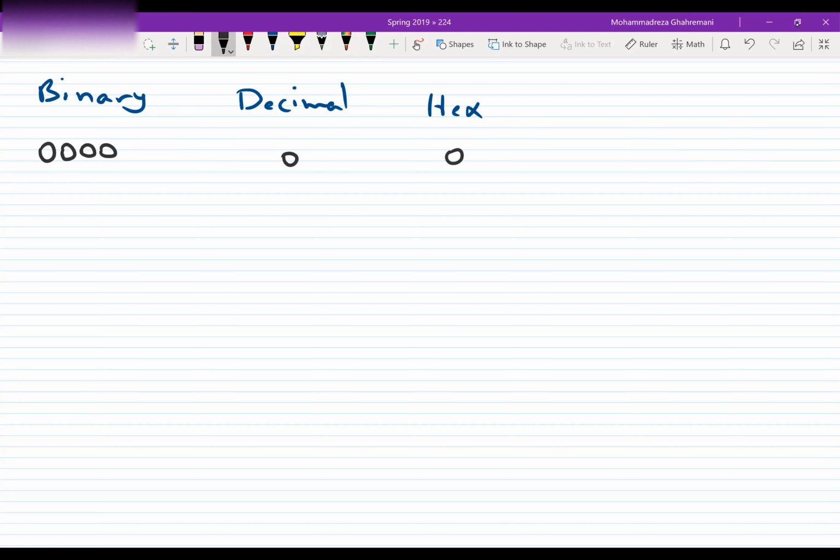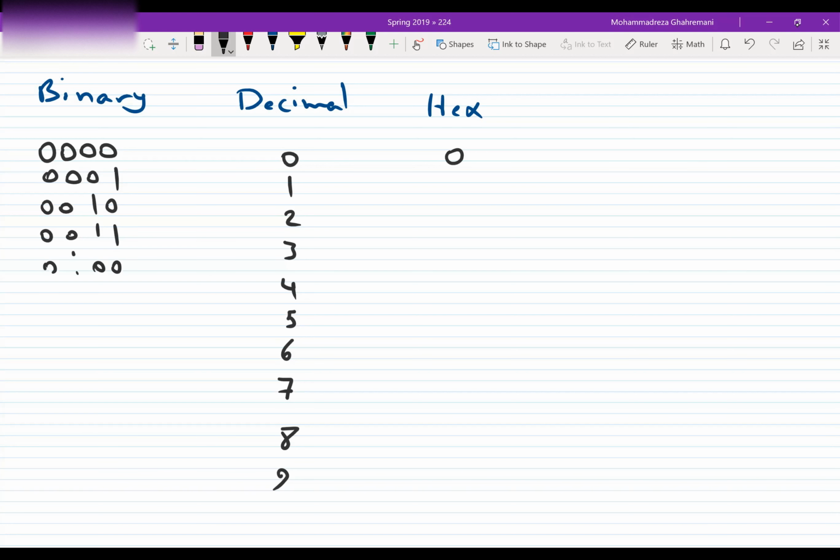So first let's write the decimals: 0, 1, 2, 3, 4, 5, 6, 7, 8, 9. 0000 is 0. 1 is 0001. 2 is 0010. 3 is 0011. 4 is 0100. 5 is 0101. 6 is 0110. 7 is 0111. 8 is 1000. 9 is 1001.